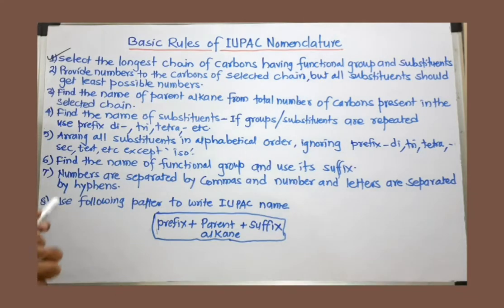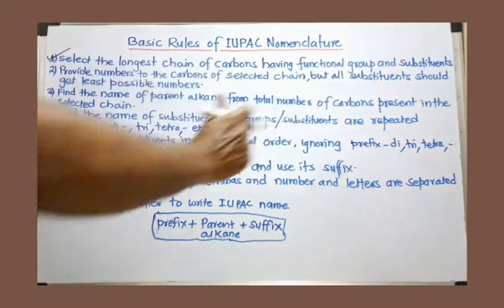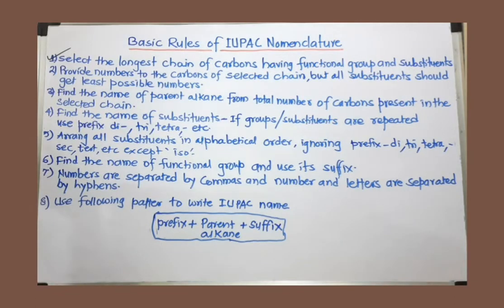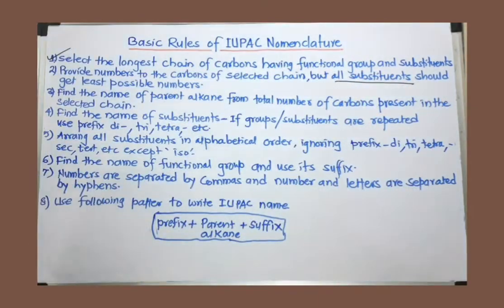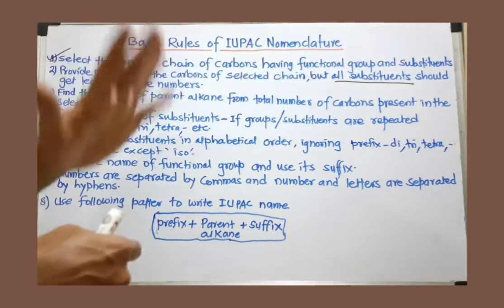After that, your next duty is to provide numbers to the selected chain. You can start numbering from the left hand side or from the right hand side. The only thing is that all substituents should get the least possible number. Here the rule may change for certain functional groups, because for example in aldehyde numbering always starts with the carbonyl carbon.